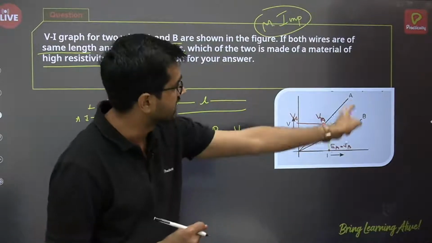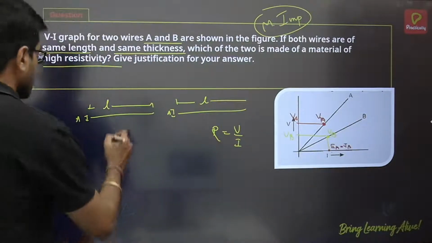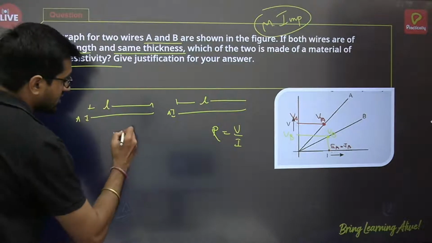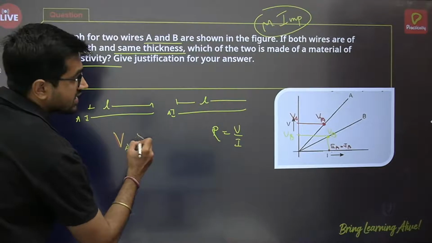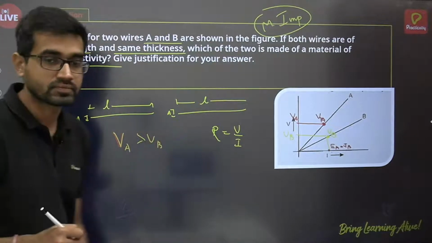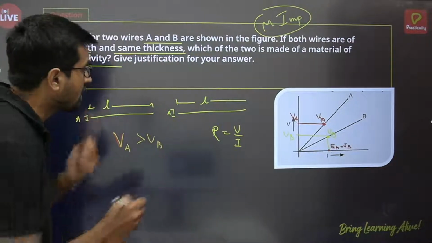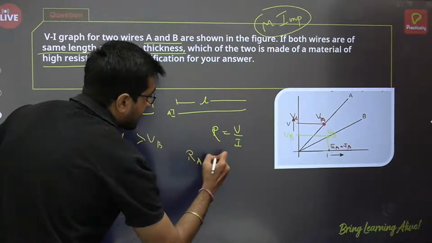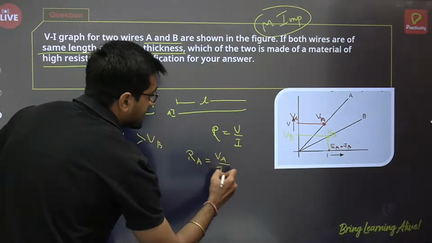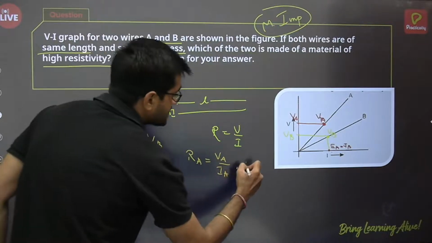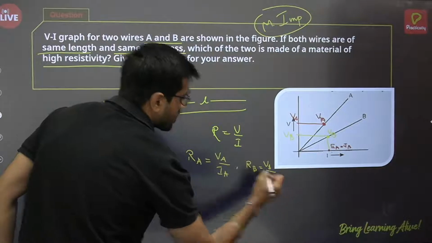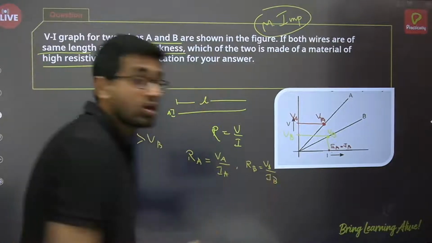VA and VB. Now we can see that VA is greater than VB. But IA is equal to IB. So if I write, RA is VA by IA, and RB is VB by IB. Now you see what I have done.